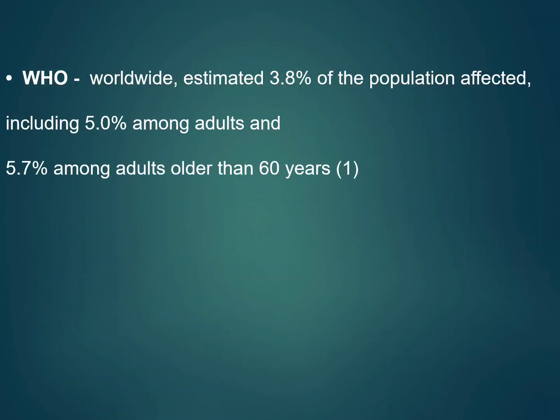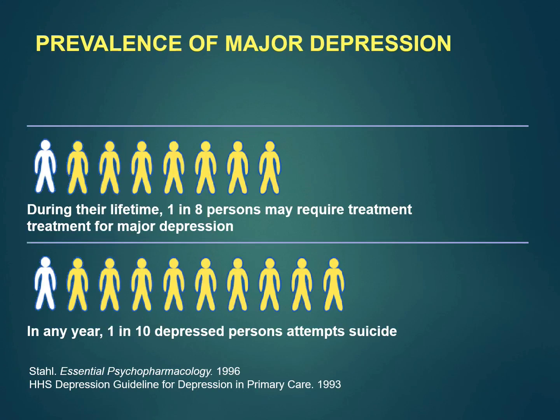WHO worldwide estimated 3.8% of the population is affected, including 5% among adults and 5.7% among adults older than 60 years. Now, here you can see during the lifetime, 1 in 8 persons may require treatment, and in any year, 1 in 10 persons with depression attempt suicide.